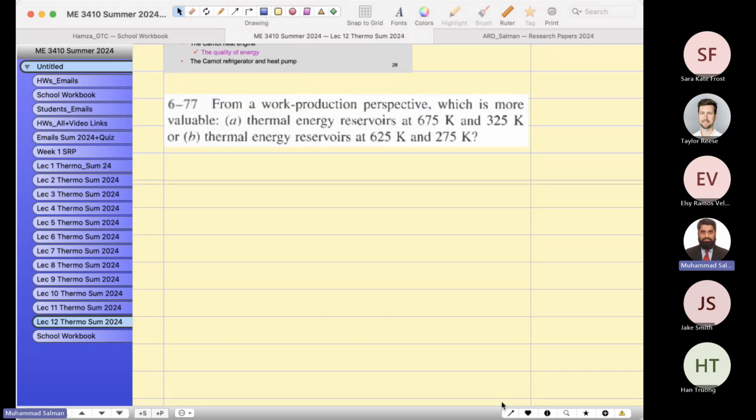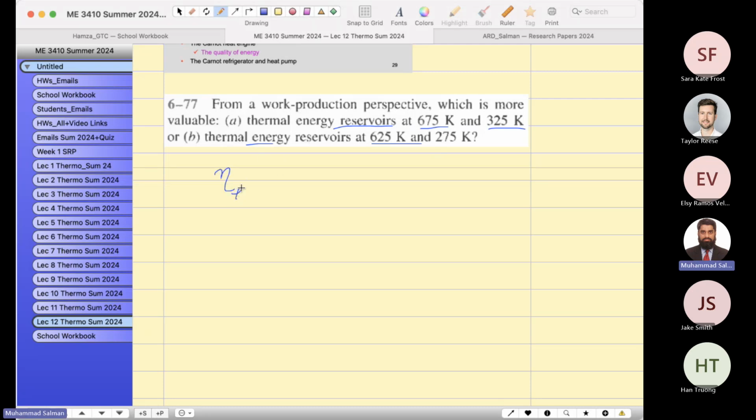Okay, let's do this problem. From the work production perspective, which is more valuable: a thermal energy reservoir at 675 Kelvin, or one at 325 Kelvin? So let's see.